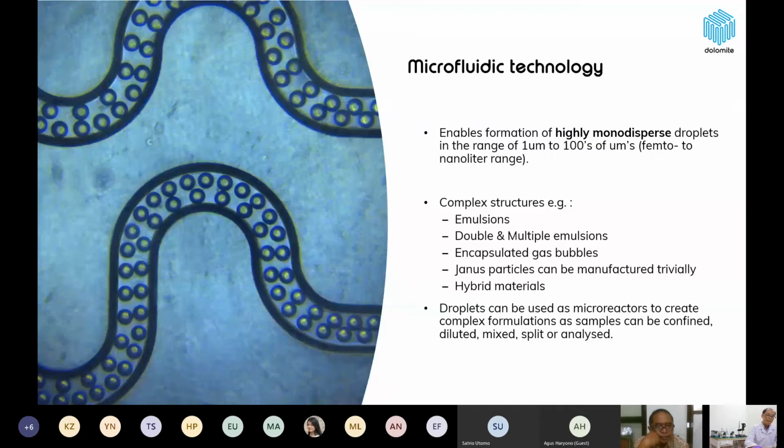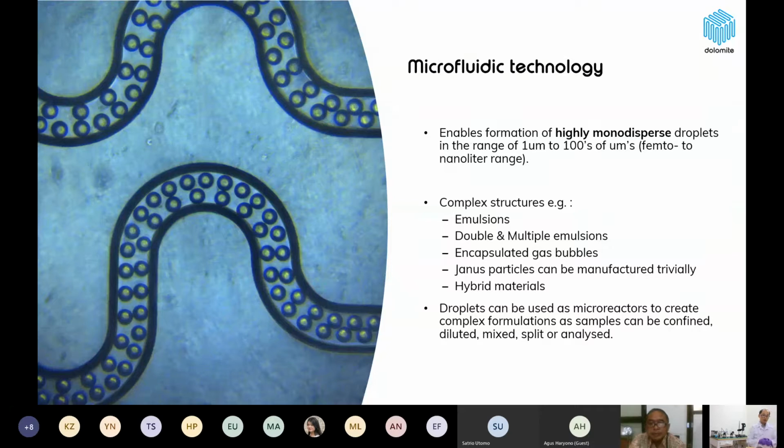Microfluidic technology enables the formation of highly monodisperse droplets in the range of micrometers to hundreds of micrometers. This includes complex structures, for example emulsions, double or multiple emulsions, encapsulated gas bubbles, Janus particles, or hybrid materials.